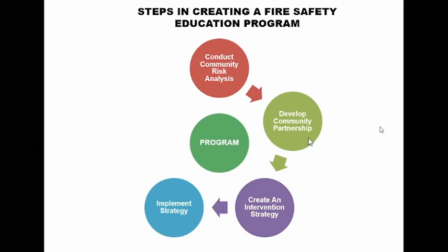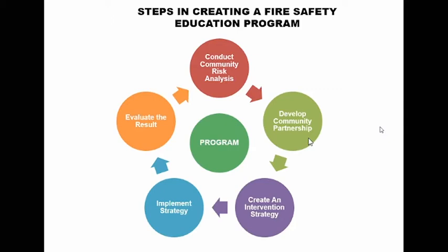Now, what's the last one? The last one is evaluate the result. So these are the steps in creating a fire safety education program. You start with community risk analysis. Then you proceed to developing community partnership. This will also be sort of a consultation with the public.